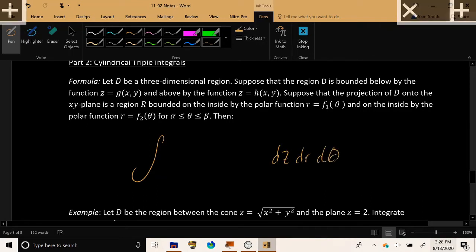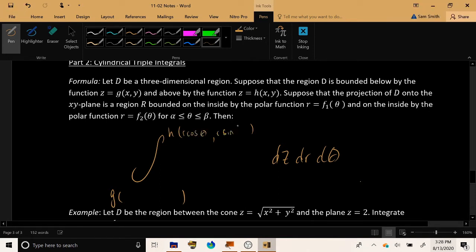Z is going to go between the bottom surface and the top surface, where we have g on the bottom and h on the top. But instead of using x and y, since this is in cylindrical coordinates, we're going to use their equivalents, r cosine theta and r sine theta. And likewise for the bottom limit, r cosine theta, r sine theta.